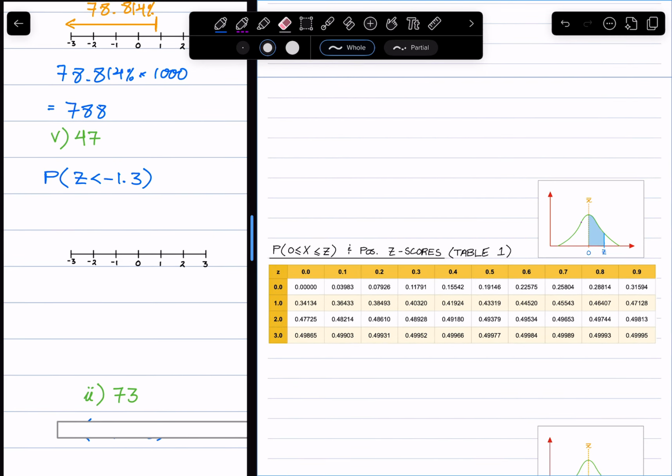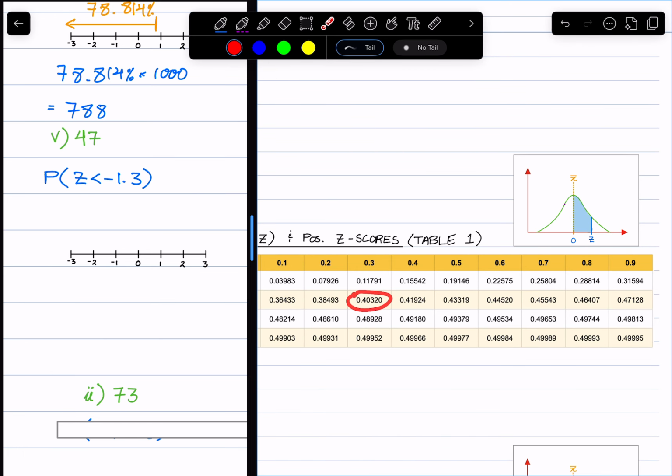Now, remember, this table doesn't show anything with negative z-scores, so we're going to have to work with 1.3. But just as before, this number here is from the z-score up until halfway. But we're not looking for this portion, we're looking for this portion here. But that portion I'm showing here is equivalent to the positive right-hand side.